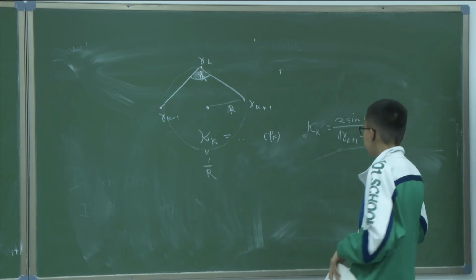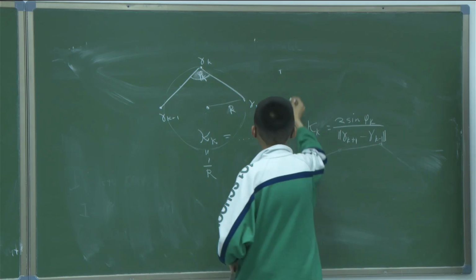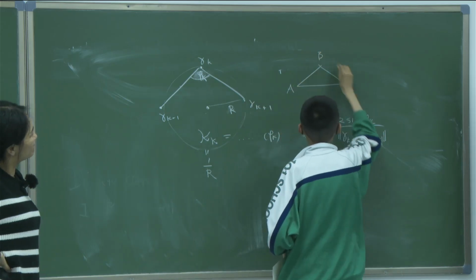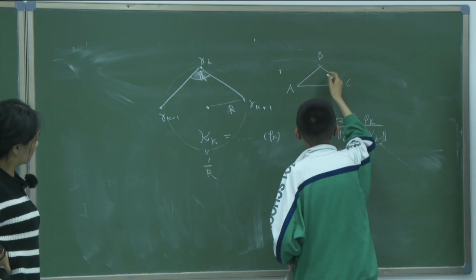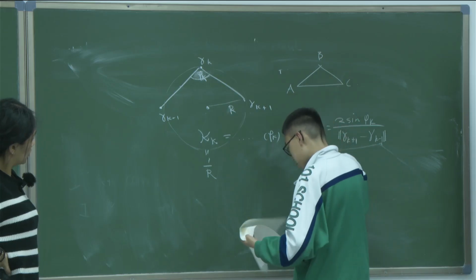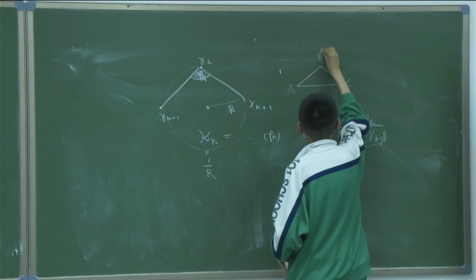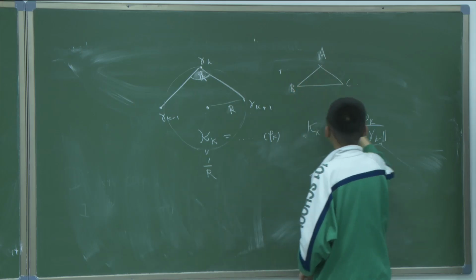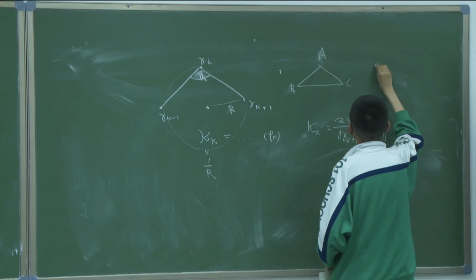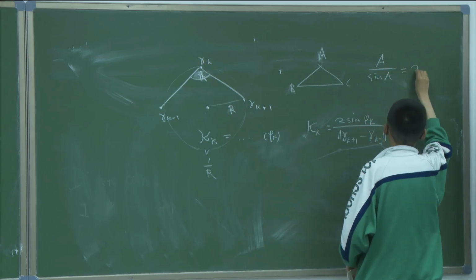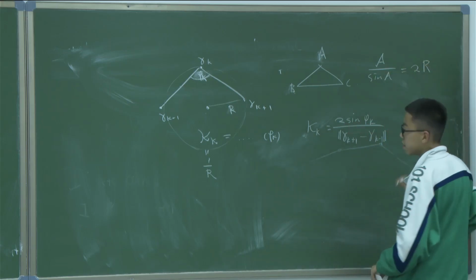Why? Because for a circle with triangle A, B, C, we know that A over sine of A is 2 radius.